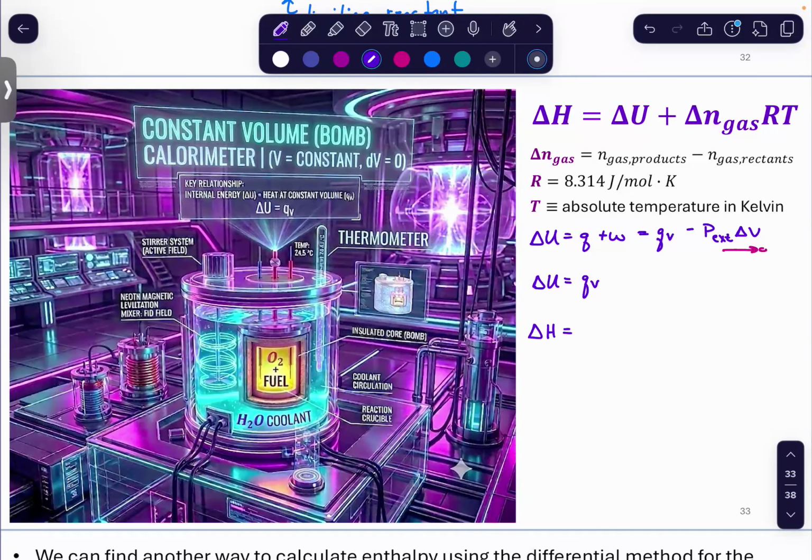Let's start with our enthalpy equation, delta H equals delta U plus P delta V, which technically is going to be delta U plus delta PV, or delta U plus delta nRT, or delta U plus delta n RT. So again, you're looking at that change in moles. R and T are constant.